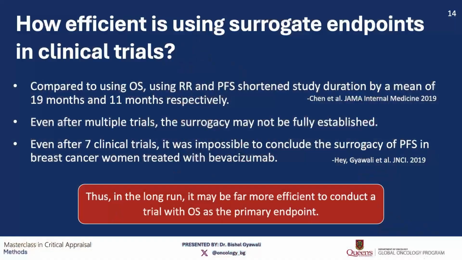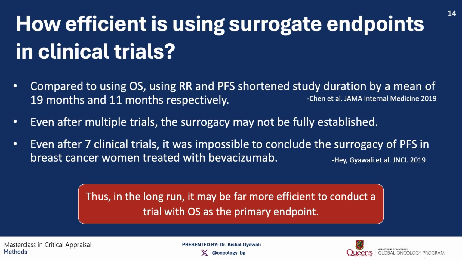There have been a couple of studies looking into this, which I have cited in this slide. In one of the studies, they found that compared to using overall survival, if you used progression-free survival, then the trial duration would shorten by an average of 11 months. And if you used response rate instead of OS, you shorten the trial duration by 19 months.